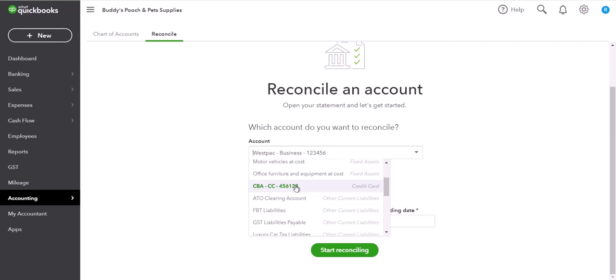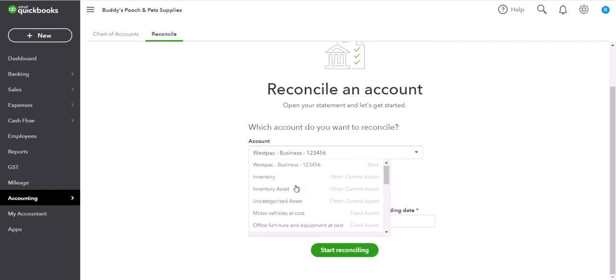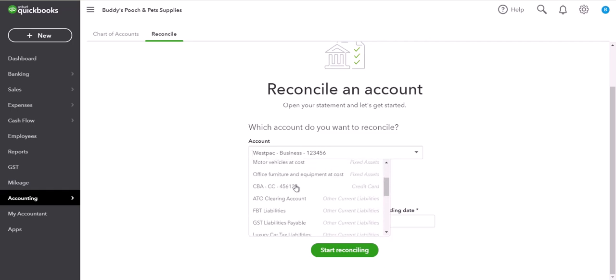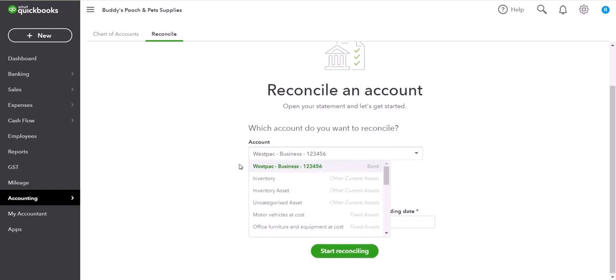And I do have a lesson coming up in the advanced section on processing loans and picking up interest charges. So once that is sitting in our banking reconcile area, you can go ahead and reconcile it. At the moment, we don't have any loans in our file, of course. So let's take a look at the Westpac business account.